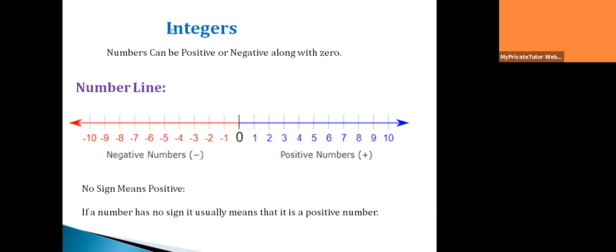Okay, let me share the whiteboard. So here is the whiteboard. You guys can also write on the whiteboard if you want to, but that's fine as of now. As we discussed, a number line contains all the rational numbers, which means let's start with the integers. Integers are the numbers which contain negative, positive, and 0.